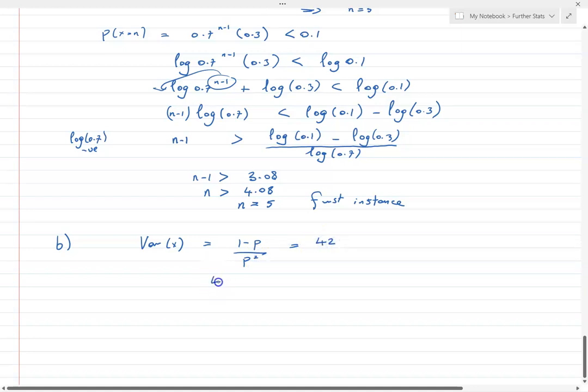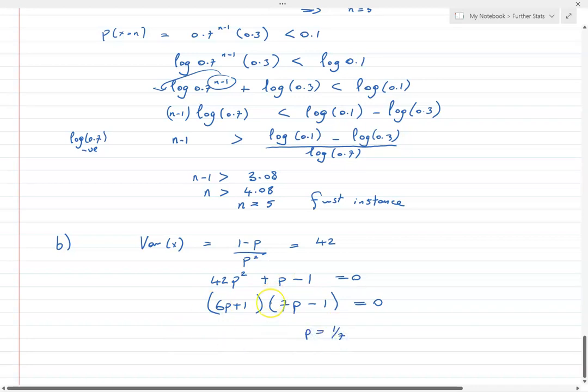So rearranging that, we get 42p squared plus p minus 1 equals 0. Then we can factorize that and get 6p plus 1 and 7p minus 1 equals 0. That's going to give us the plus p, isn't it? So that gives us p equals 1/7.